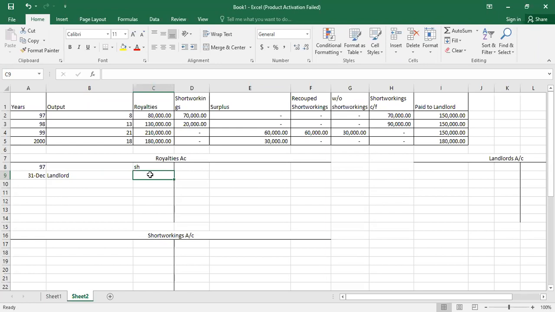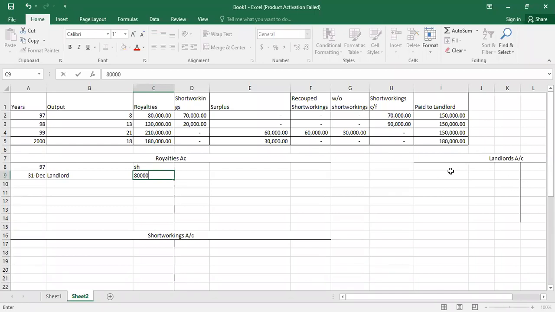And 150. Why 150? We've entered into the contract, and the contract is giving us what we are calling the restricted recoupment. So we are not sure how the future will be. In the royalty account, we are going to debit 80.